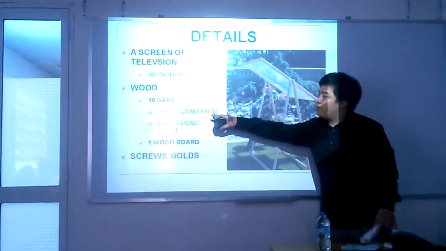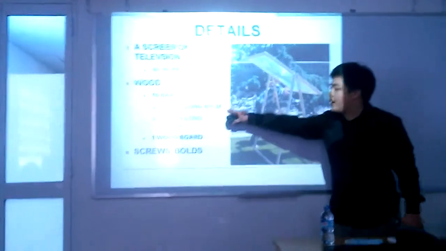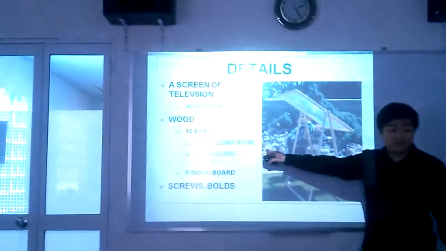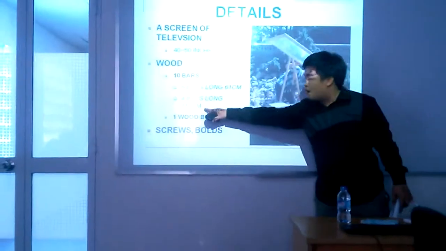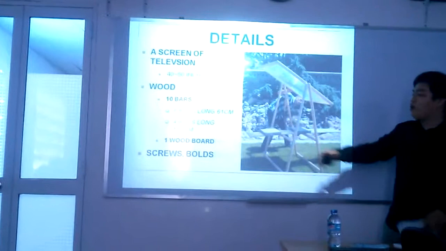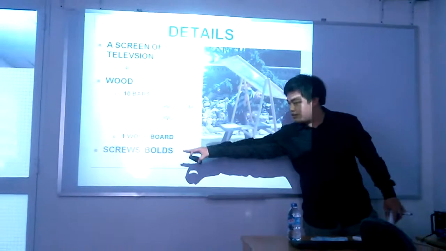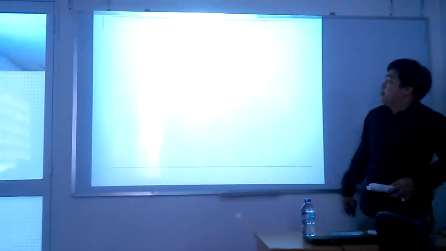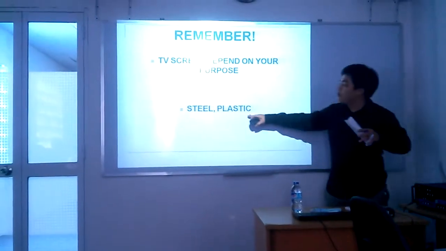For the wood, we need 10 bars: 6 bars 61 centimeters long, 4 bars 111 centimeters long, and 1 wood board. And we have some bolts. Remember that the TV screen depends on your purpose. If you want to magnify big, you can choose a big screen TV. Instead of wood, you can use steel or plastic.